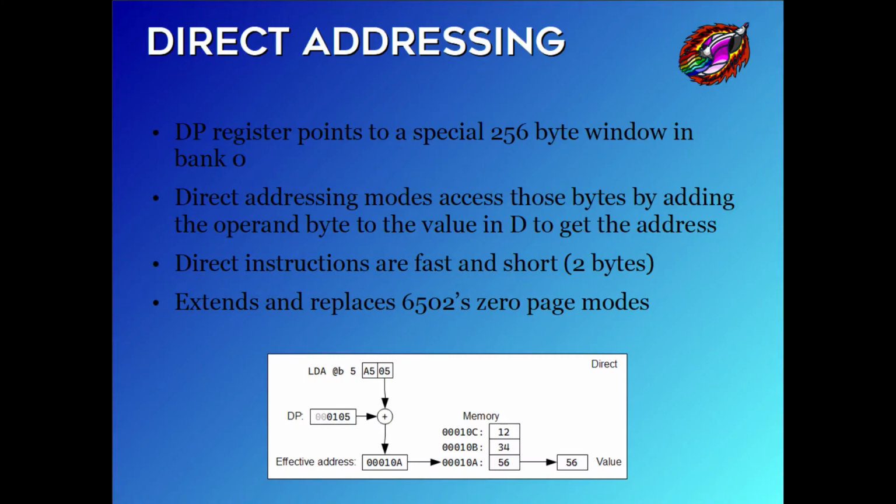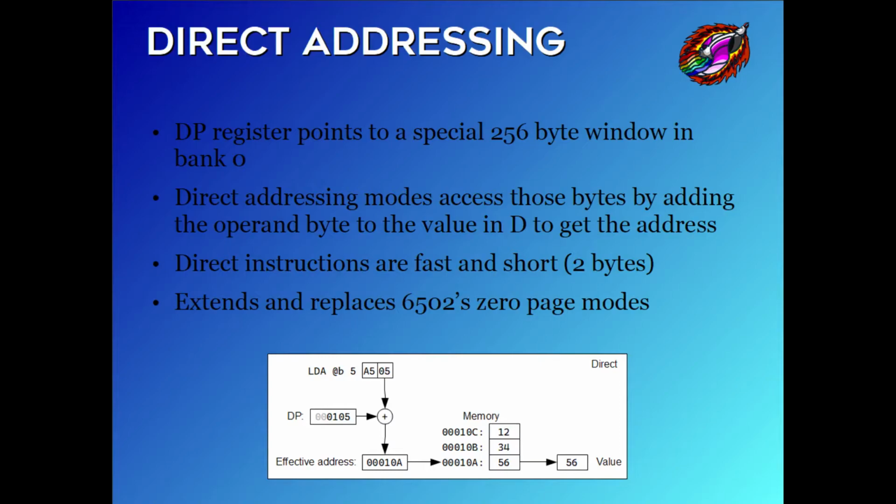So now that we've looked at a couple of new instructions, I'd like to add in a new addressing mode, in particular direct addressing. And this is a pretty important addressing mode because it's the basis of some of the most powerful addressing mode features in the 65816. It looks an awful lot like absolute addressing or absolute long addressing.